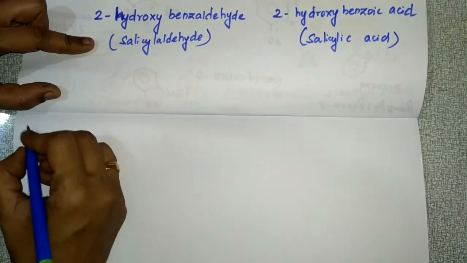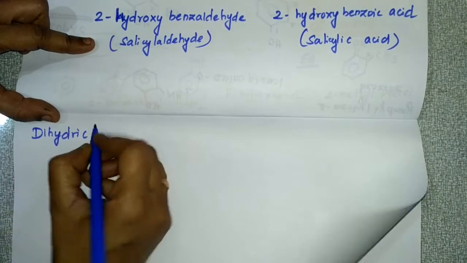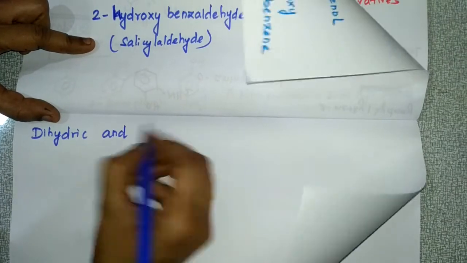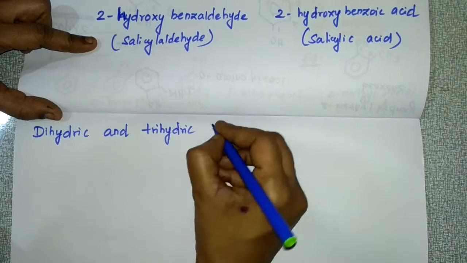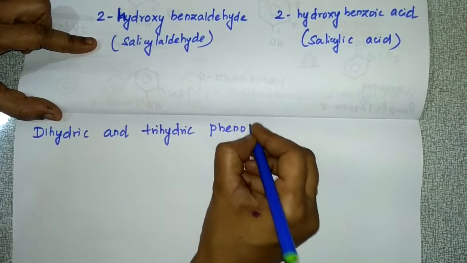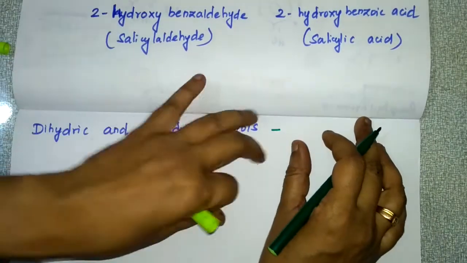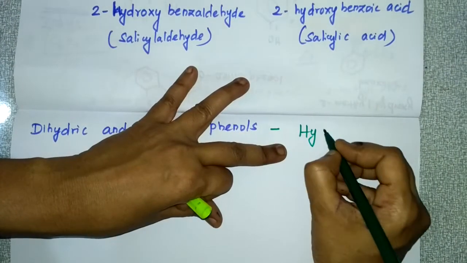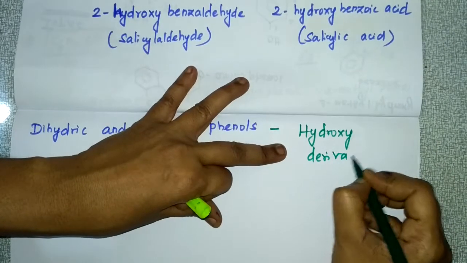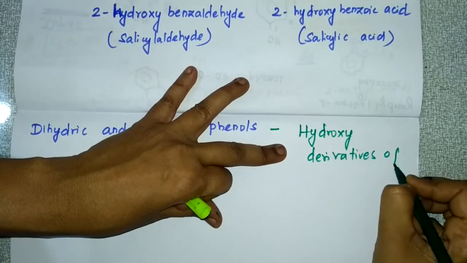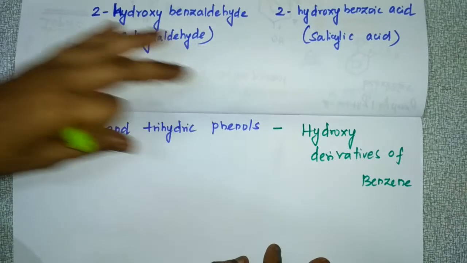Okay, if any dihydric and trihydric phenols are there, you have to name them as hydroxy derivatives of benzene. So I'll give you an example for this. So you know what the hydroxy derivatives of benzene are.